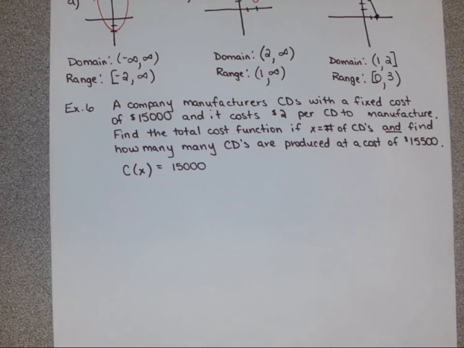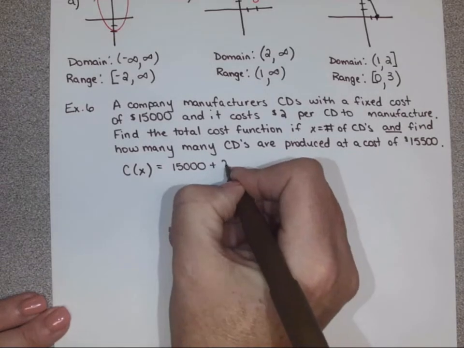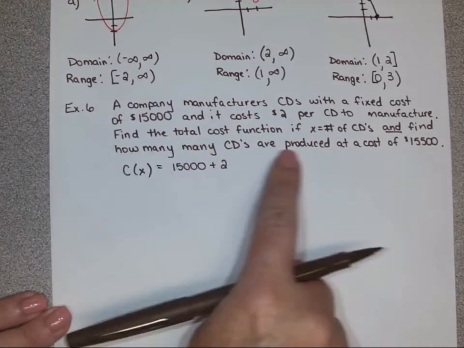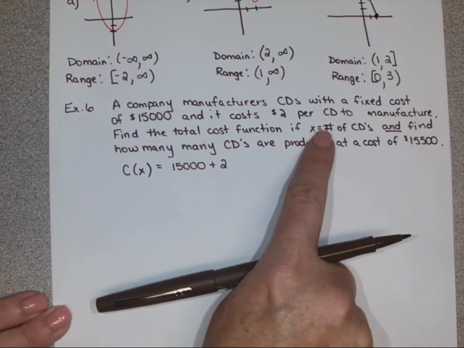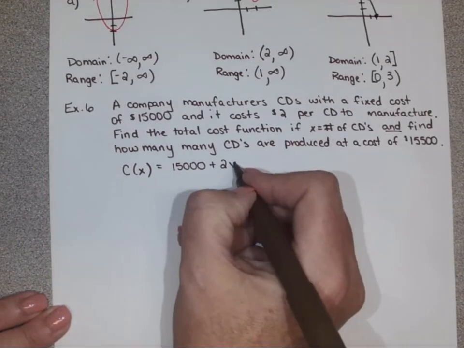We don't have to worry about that. But then how are we going to write $2 per CD? If we just say plus 2, that only covers one CD. Would we probably make more than one CD if we were manufacturing CDs? Probably so, right? So how am I going to write that? Yeah, so I'm going to say 2 times the number of CDs, and notice I was told to call the number of CDs what letter? x.